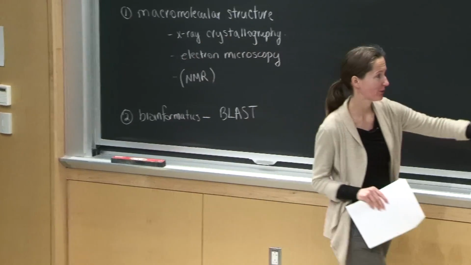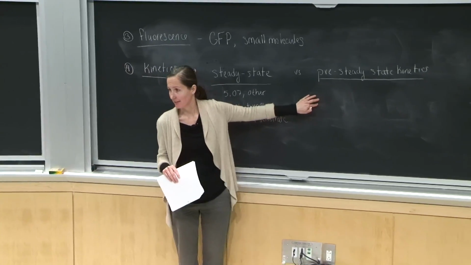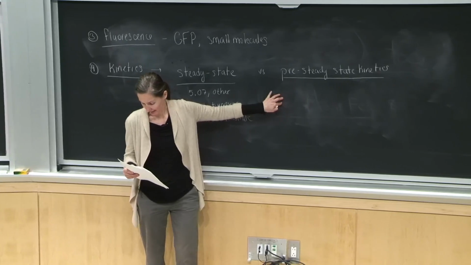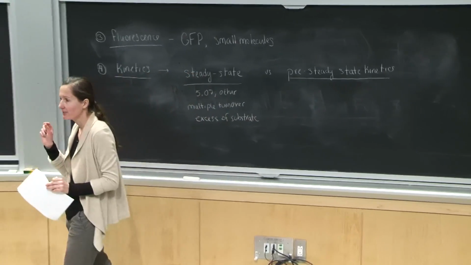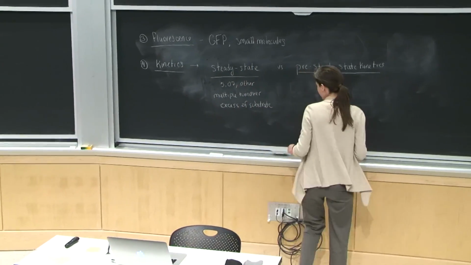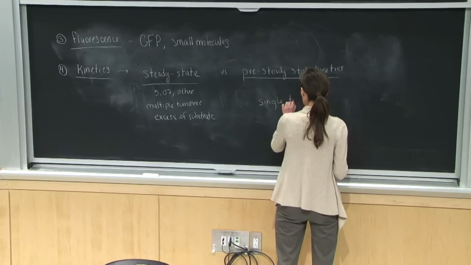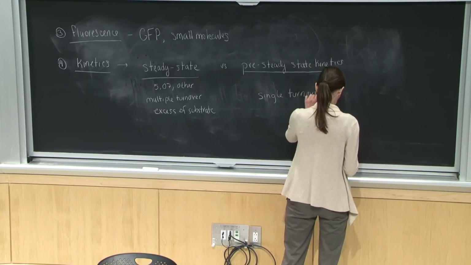If we're having multiple turnovers in the steady state, and we're before the steady state, what does that mean? It means we're in the initial part of this reaction, where we're looking at a single turnover. And how do you do this?